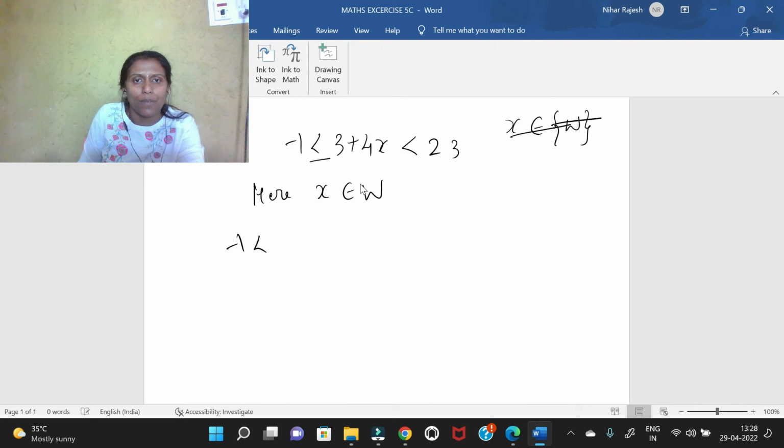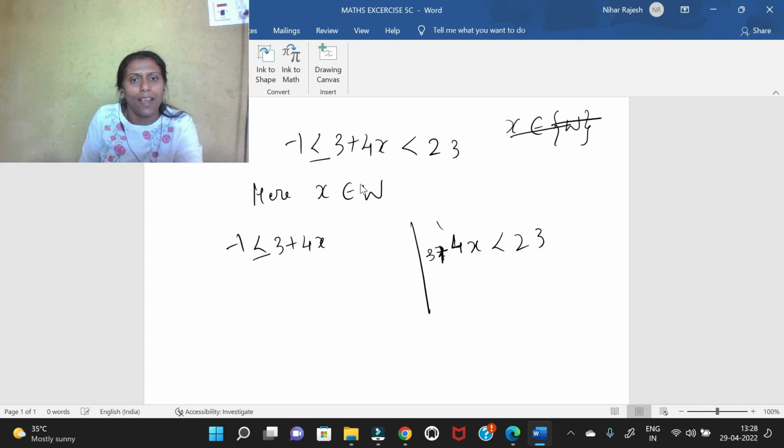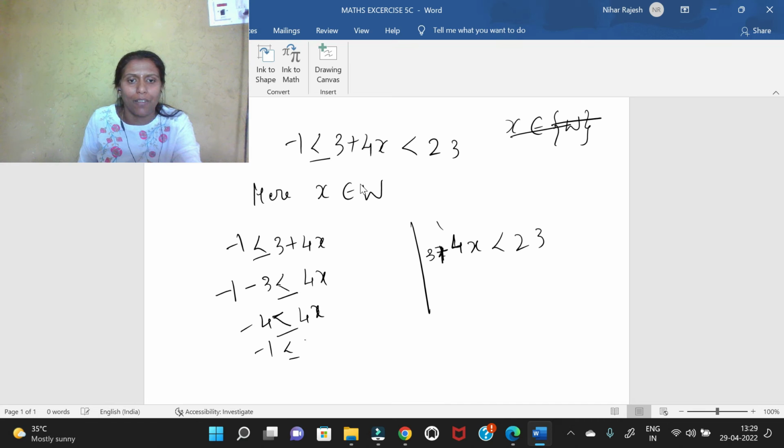Now, -1 less than or equal to 3 plus 4x. That is one thing. Next, 3 plus 4x less than 23, another thing, right? So now, -1 less than or equal to 3 plus 4x. Let me take my 3 to the left side: -4 less than or equal to 4x, or -1 less than or equal to x. This side it is 3 plus 4x.